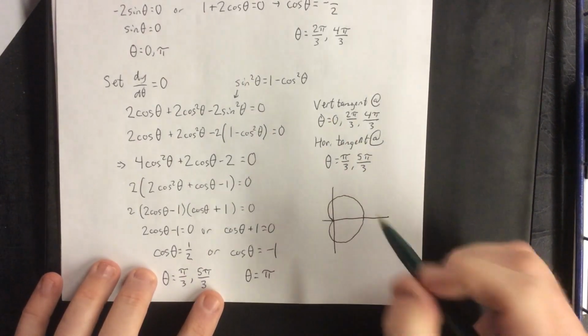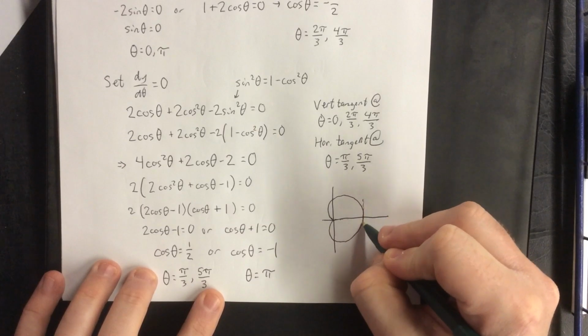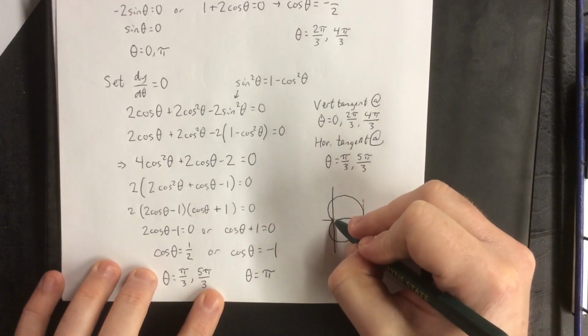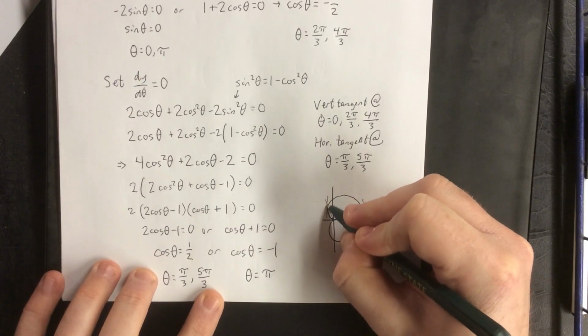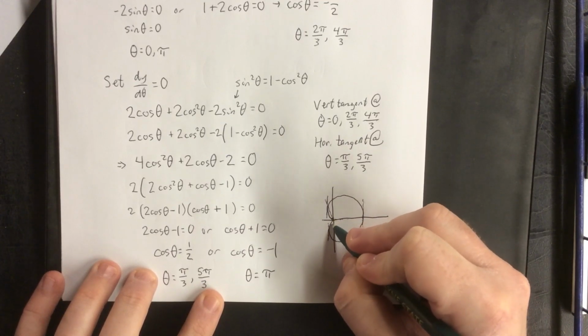So at theta equals 0, that would be in this direction. We do, in fact, see that there is a vertical tangent right here. At 2 pi over 3, that would be in this direction right here. And yes, indeed, there is a vertical tangent right here at this point. And at 4 pi over 3, my guess is that we're talking about this other guy right here.